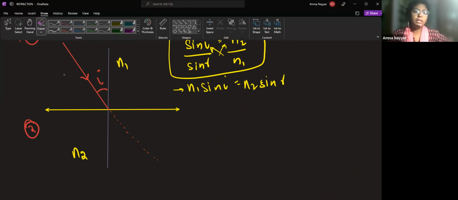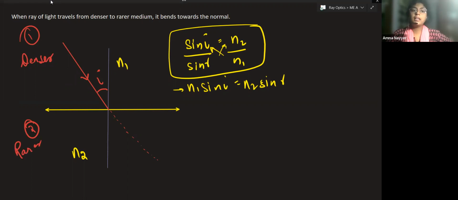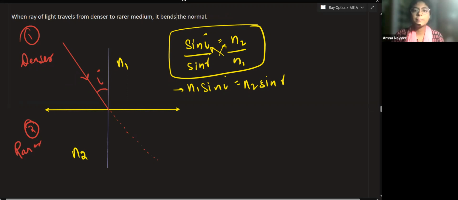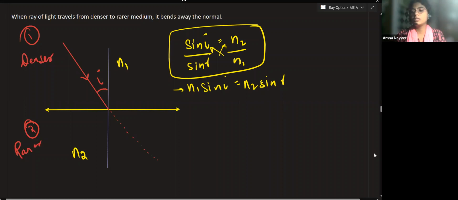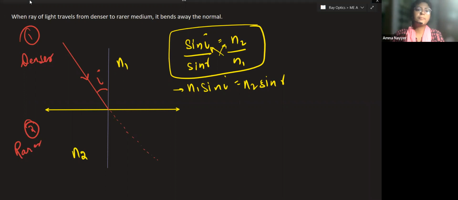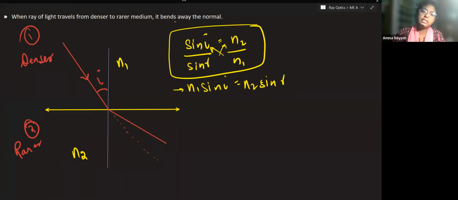This medium is now denser and this medium now is rarer. So whenever the ray of light is traveling from denser to rarer, then the ray of light moves away from the normal. So here as well, the ray of light will move away from the normal. So this is the normal, this is towards the normal, away from the normal will be here.